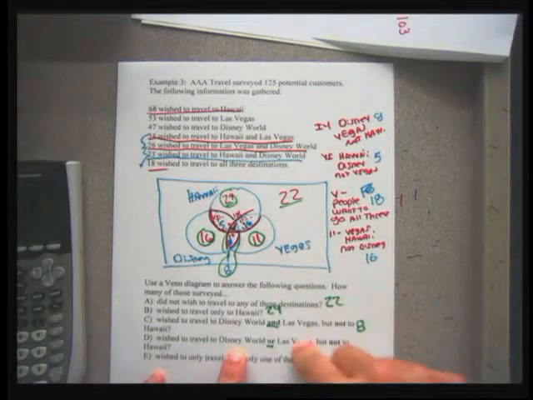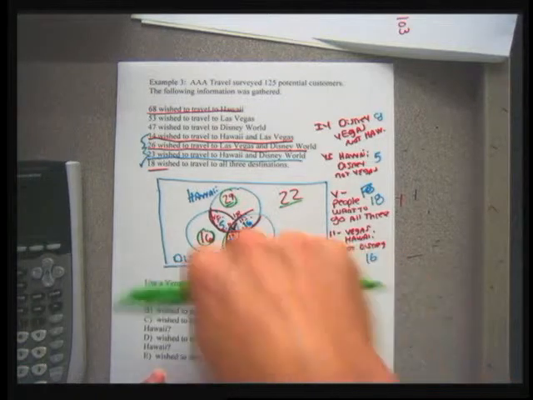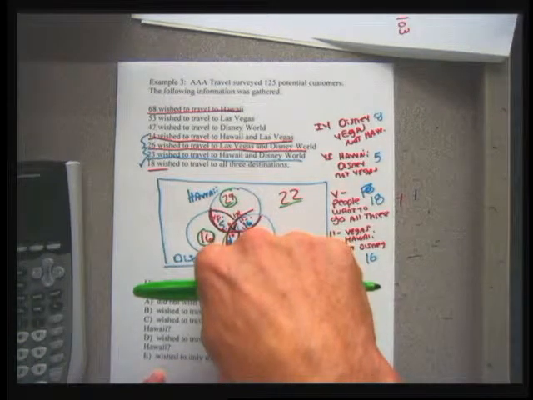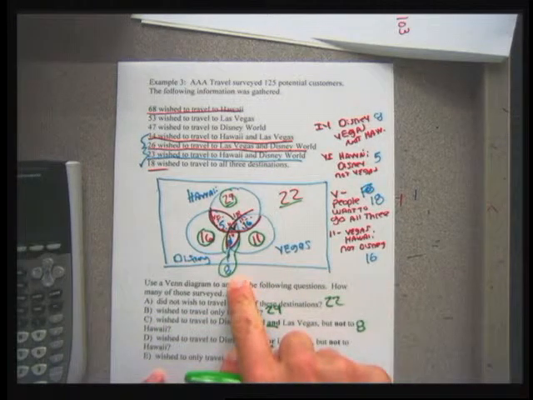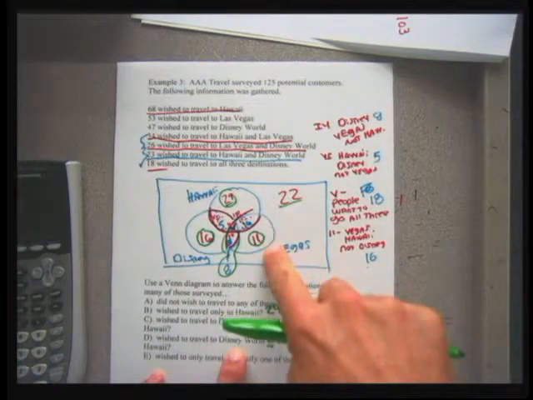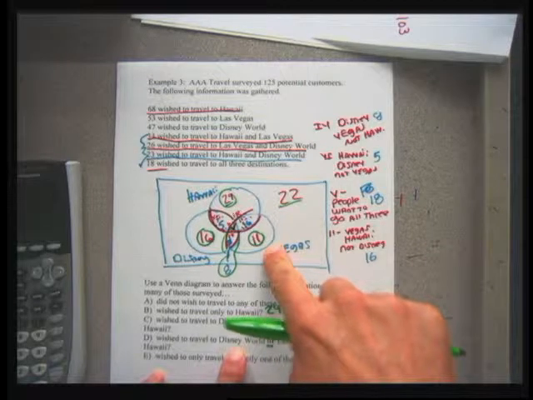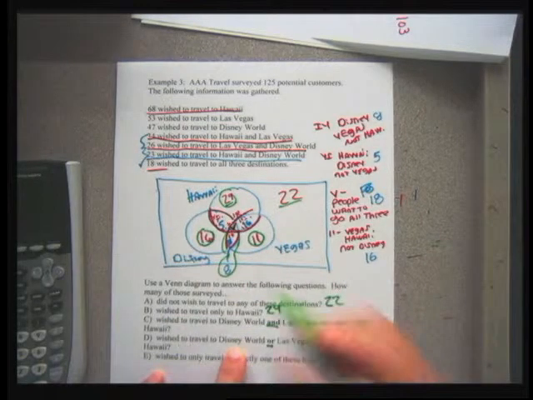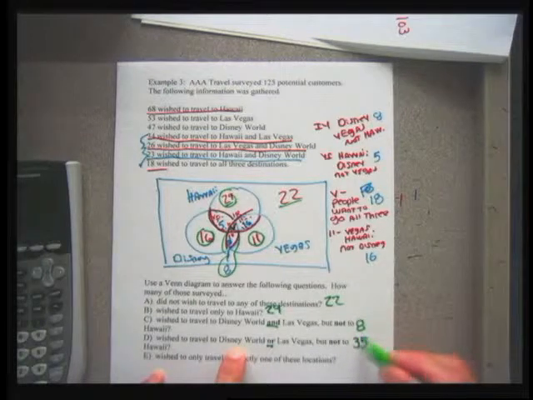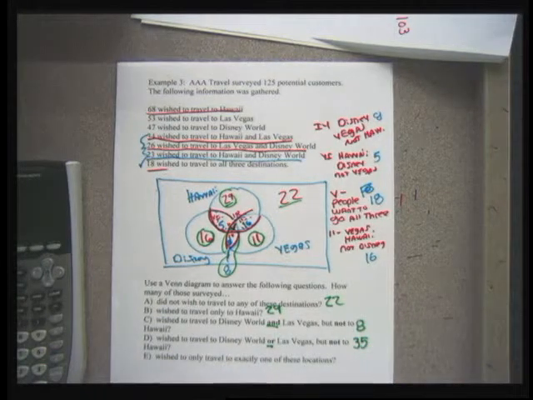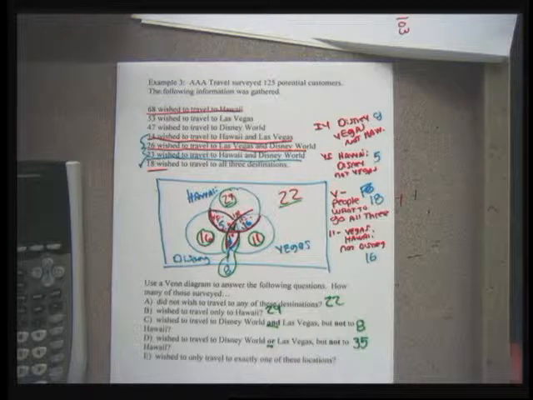Disney or Vegas but not Hawaii counts the 16 that want to go to Disney but none of the other 2, the 8 that wanted to go to Disney and Vegas but not Hawaii, and the 11 that want to go to Vegas but none of the other two. So I'm going to add those three numbers. 16 plus 8 is 24, plus 11 is 35. And that's the number that belongs in the answer there.